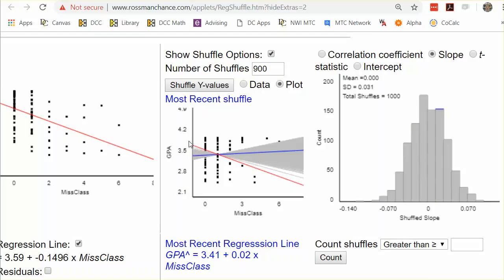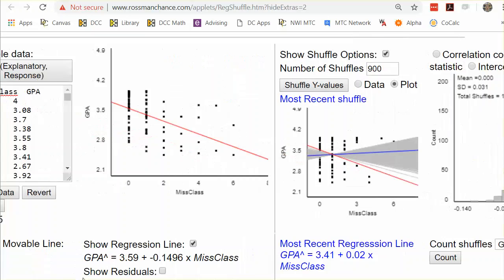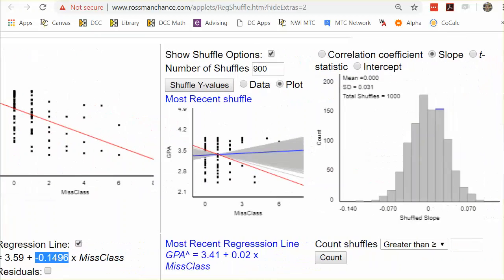And then we can see whether our regression line here is typical for what we would see if there really were no association or if it was something out of the range. And I would say this is atypical. The regression line slope that we observed is negative 0.1496. So if we go to negative 0.1496, count up how many times that happened.